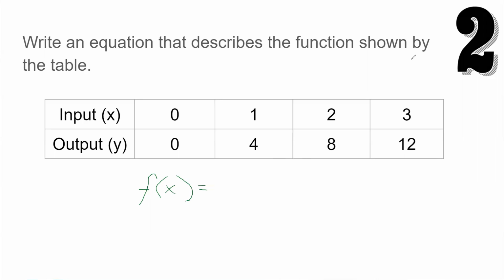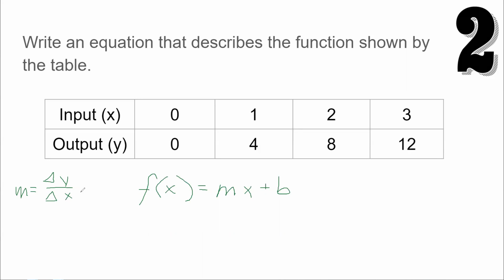When we're writing an equation, we are looking for our slope, which is our m, and we're going to look for our b, which is our y-intercept. We're going to be able to find slope by looking at the change in y over the change in x. So m is the change in y over the change in x.